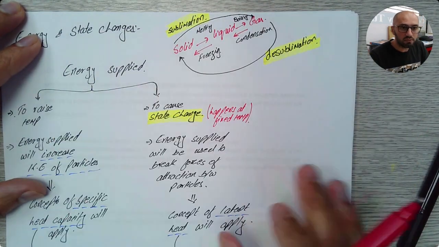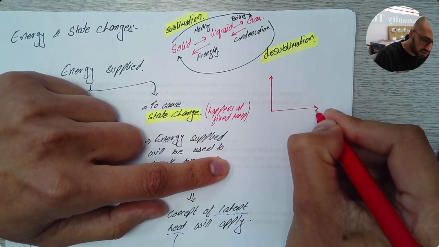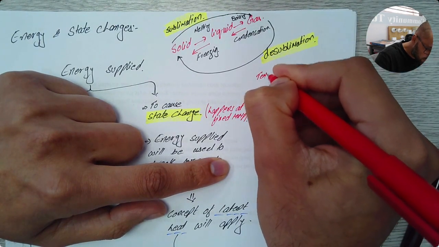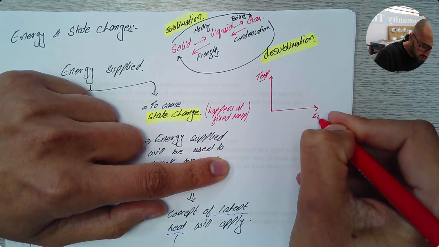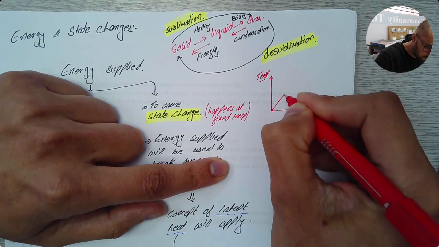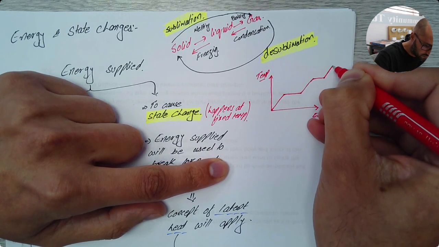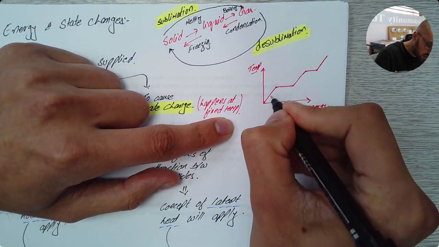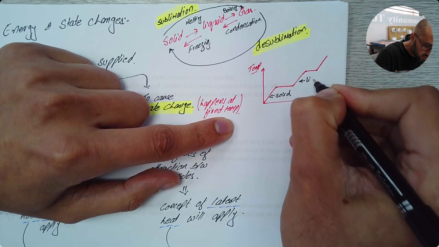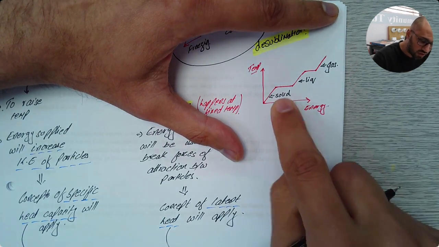Now I can show the same information on a graph. Here I have the temperature, and here it will be energy. You need to remember this is my solid, liquid, and gas.